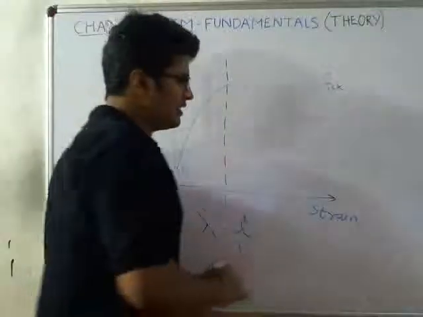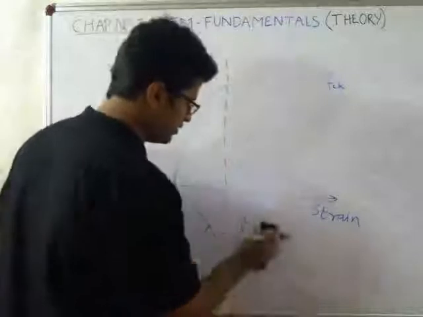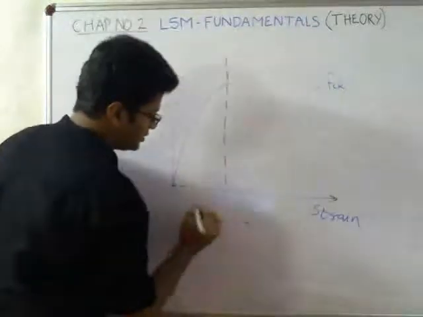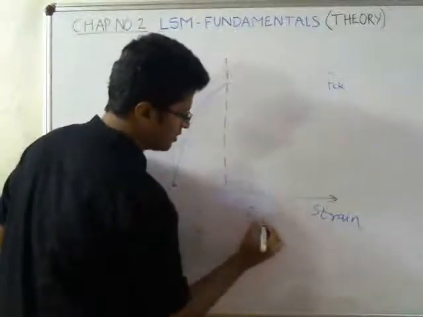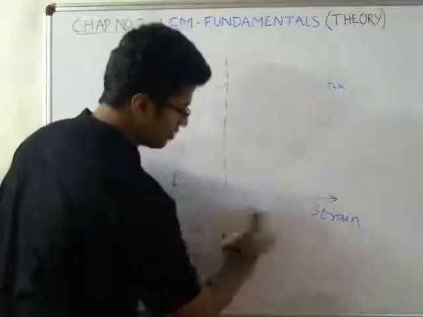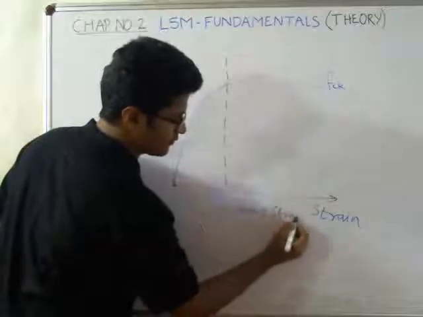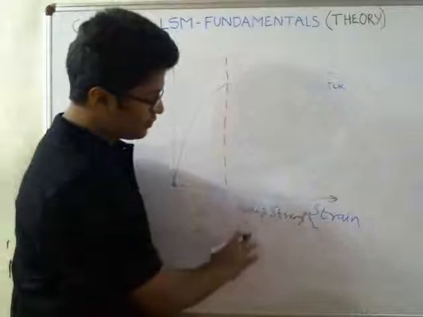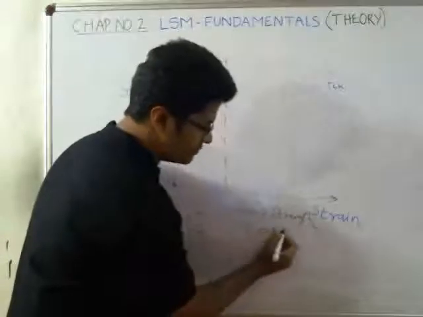Suppose I'm just giving you a brief idea. The slenderness ratio, suppose it is the value 2, and this is the FCK value, the compressive strength. The actual FCK value for slenderness ratio 2 is not FCK but 0.8 times FCK, a little bit less.